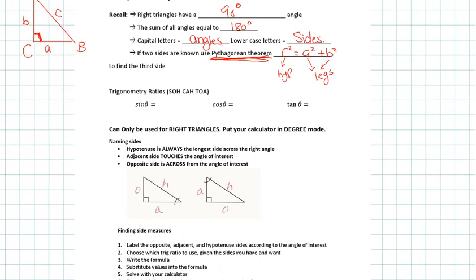Okay, so if you remember that, again, you must have a right angle triangle. We call them the primary trigonometric ratios. So when you see the words primary trigonometric ratio, I mean sine, cosine, and tan.